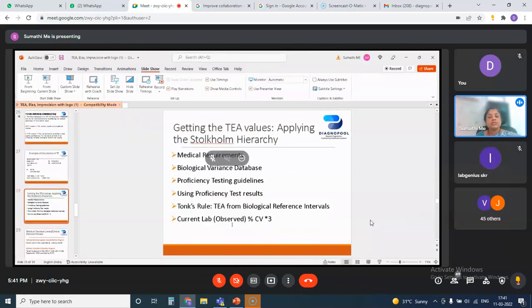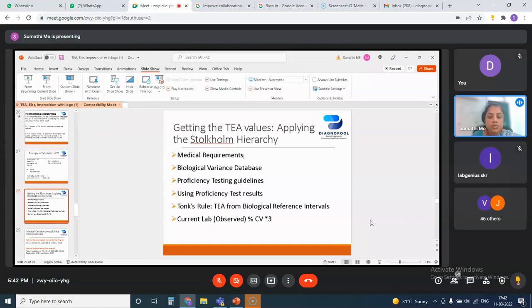Now coming to the different guidelines available for total allowable error. A group of clinical experts framed different sets of guidelines which are available right now in the country and globally. This is called the Stockholm hierarchy. The hierarchy goes from the first preference, which is the starting point, and goes down like this.